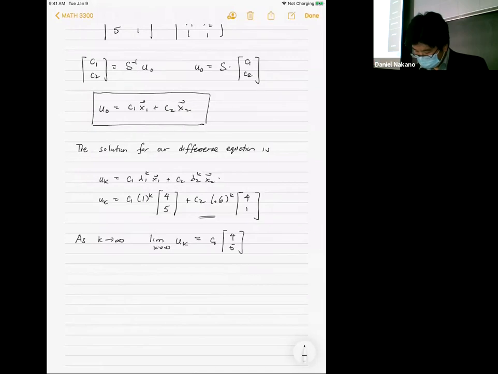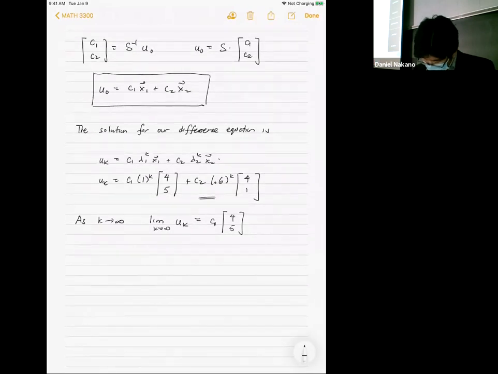Okay, so the answer depends on the initial value condition. If C1 is not 0, then the owl and rat population will stabilize in size.